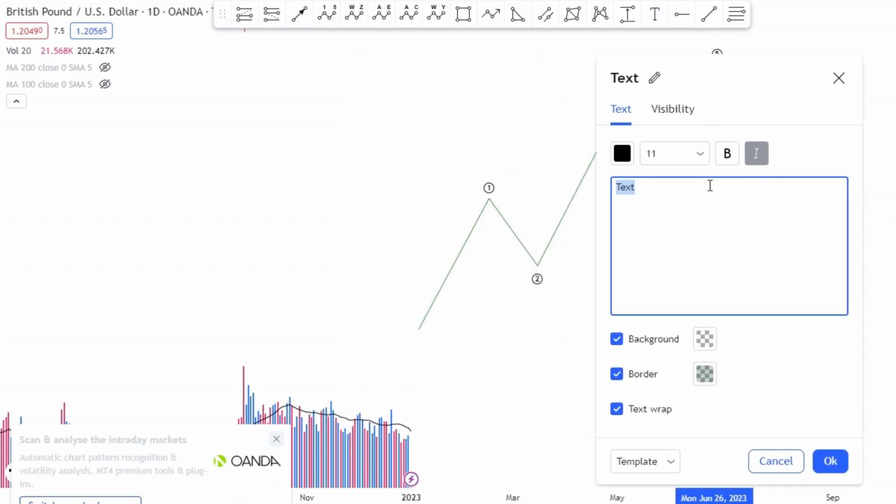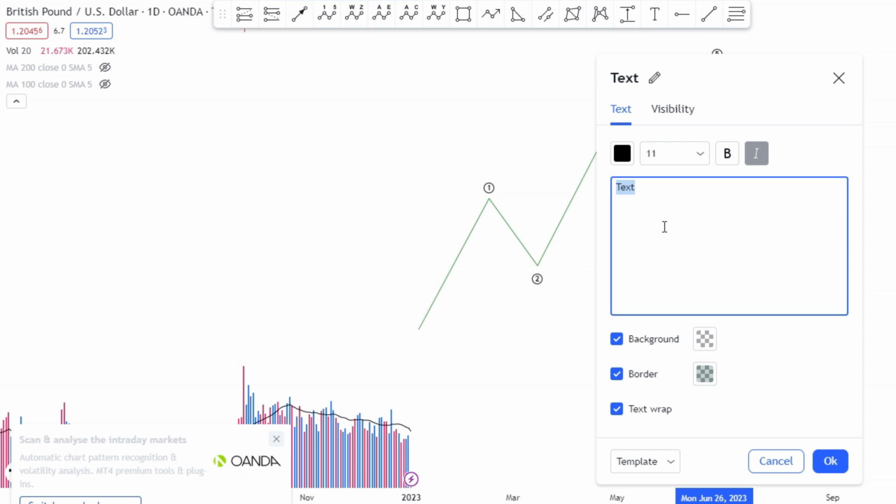What are these principles? These are rules that, if broken, we simply consider that wave as invalid.